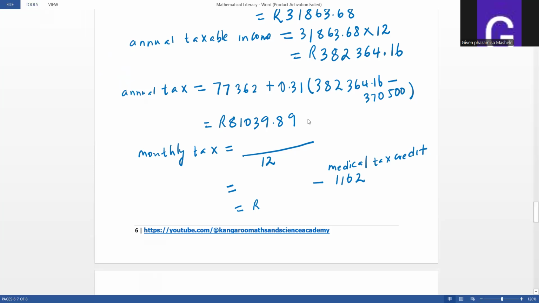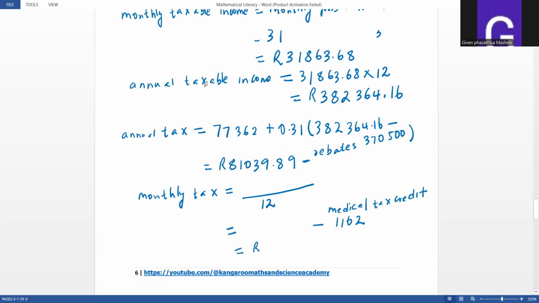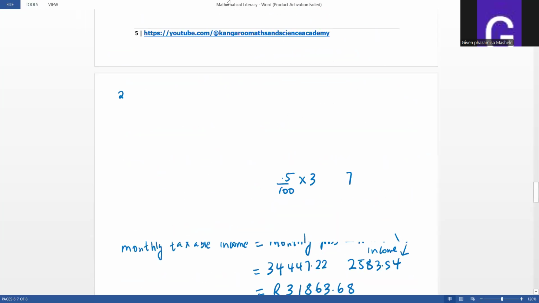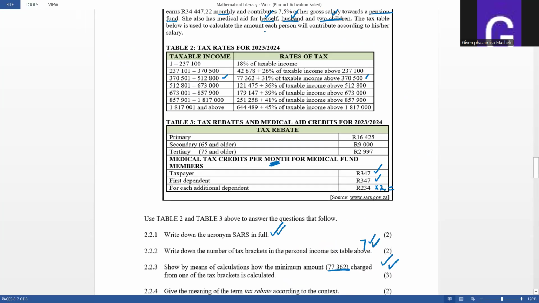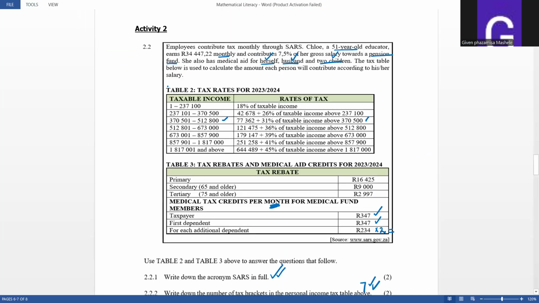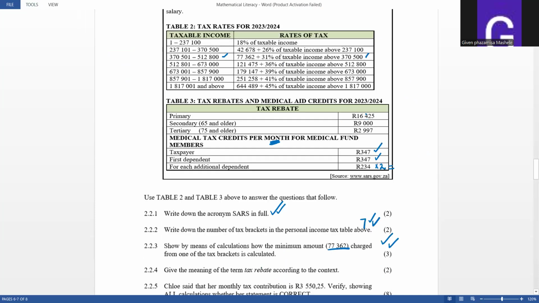Let's subtract the rebates. This person is aged 51. Obviously, a person whose age is 51 years qualifies for a primary rebate, which is 16,425.